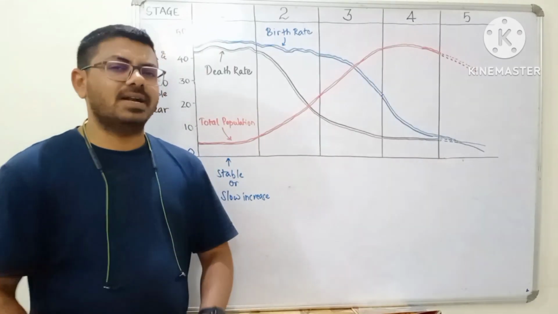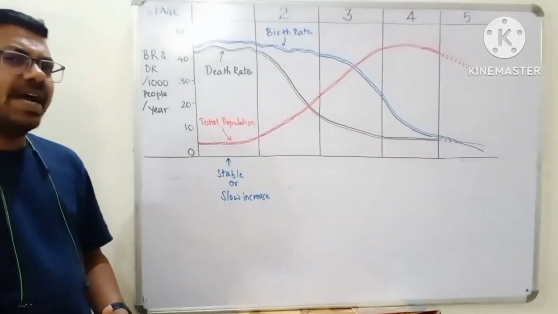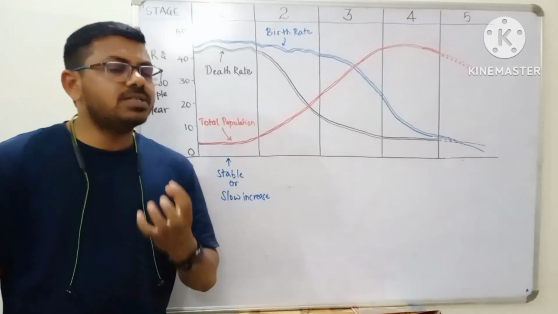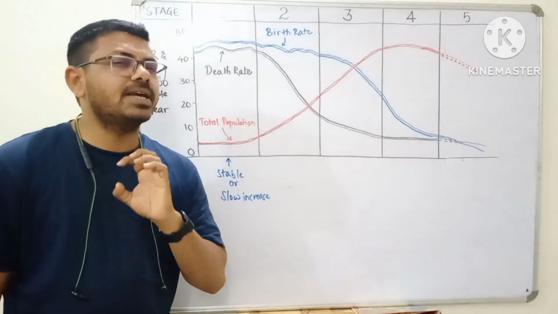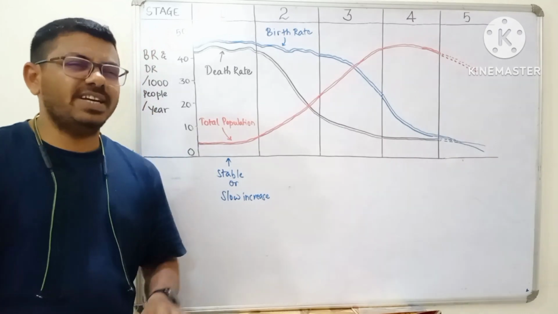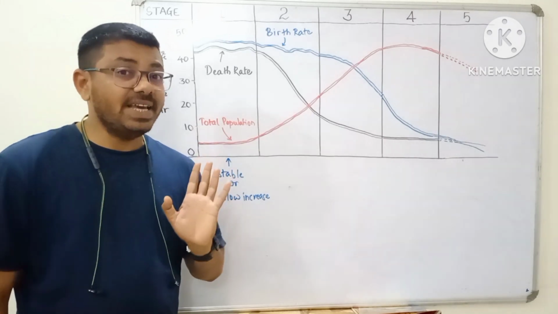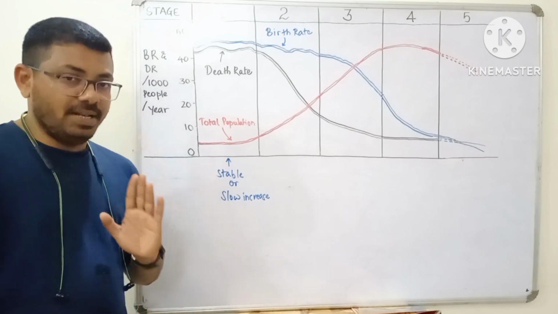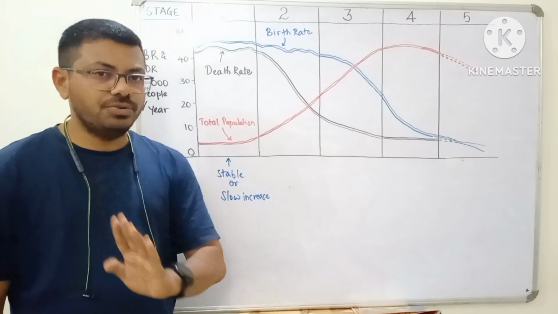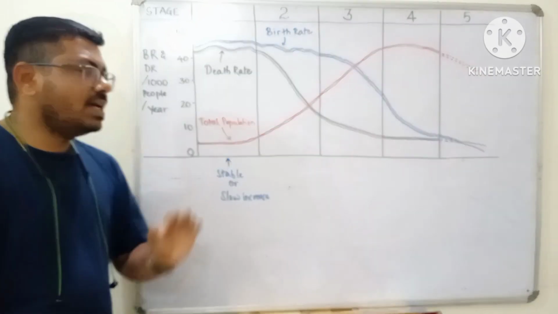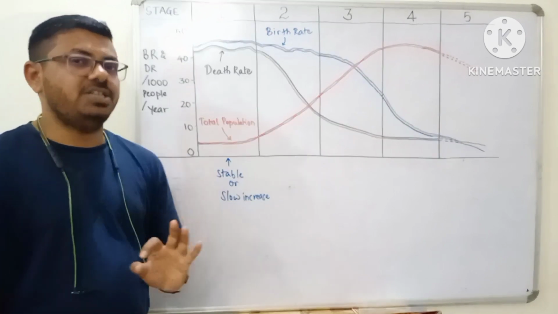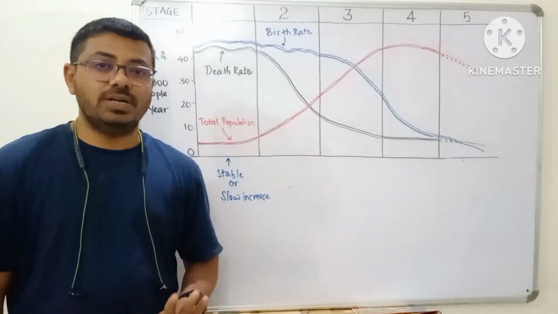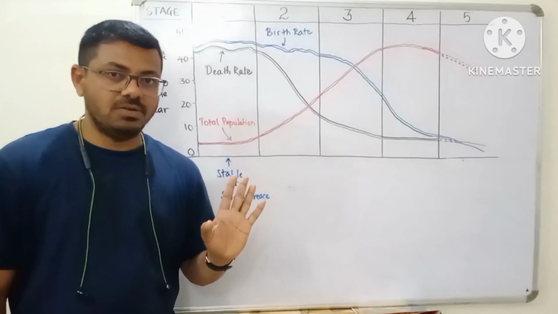So no country, but we may find some tribes living in remote areas, like in Africa or some remote areas on islands. They might be in, we don't know, we are not sure, but they might be in the first stage of the demographic transition model. Unknown tribes, right?